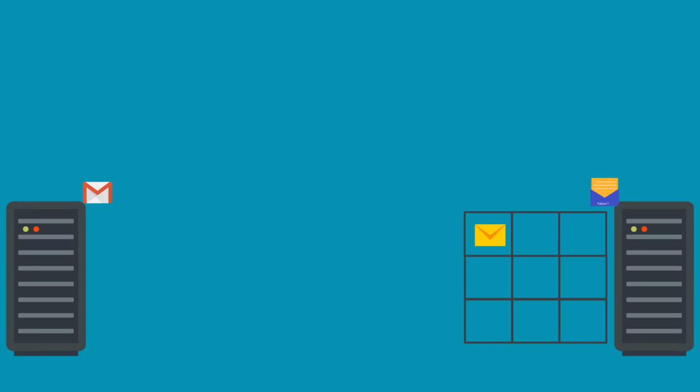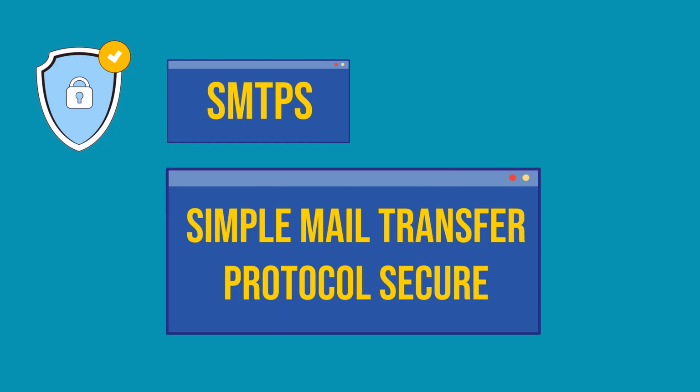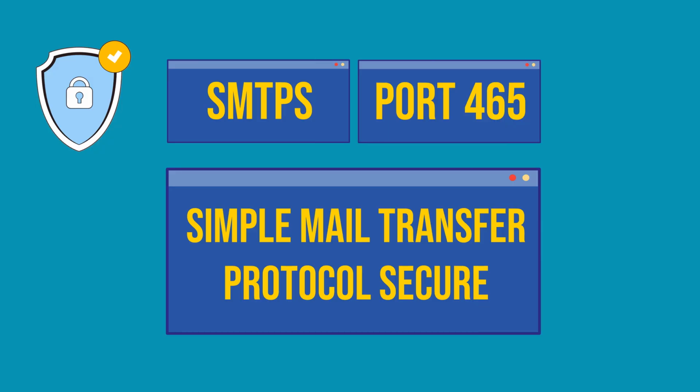There is a secure version of SMTP, which is called SMTPS, which stands for Simple Mail Transfer Protocol Secure. SMTPS encrypts the data transmitted between the email client or application and the mail server. The standard port used for SMTPS is 465.